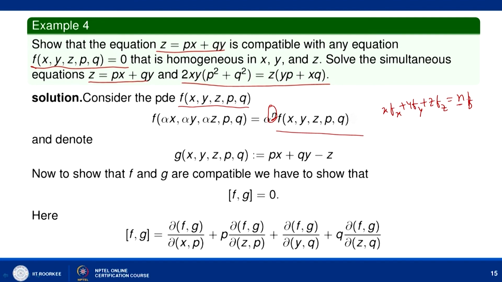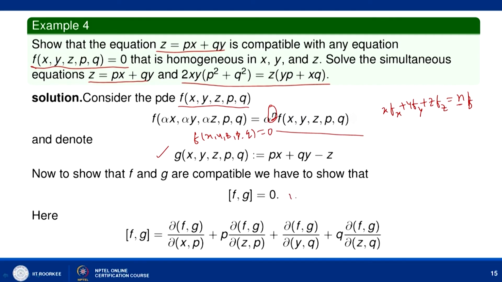With this information, let us see that if f satisfies this condition, then it is compatible with z equal to px plus qy. So, let us assume the equation f of x, y, z, p, q equal to 0, and another equation g of x, y, z, p, q as px plus qy minus z, and we want to show that they are compatible.